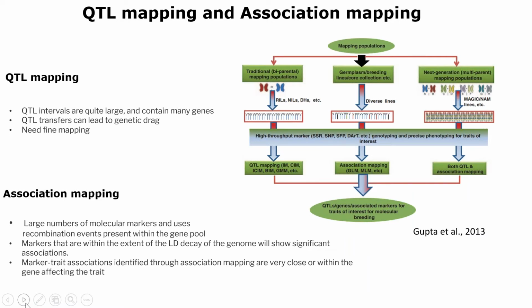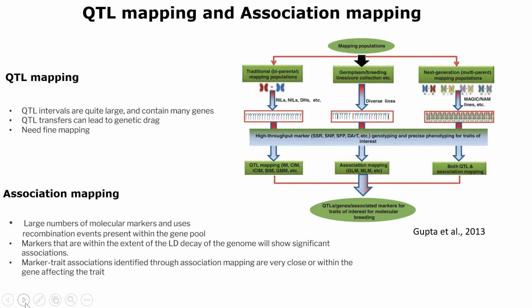So here, this is the QTL mapping and association mapping platform. This is just an overview of that. In QTL mapping, which is the traditional, biparental mapping, we have some donor lines and some recipients, someone is tolerant, someone is susceptible, and then we make crosses.